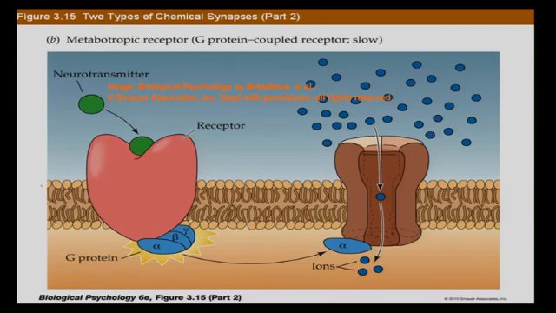So it has to go through these multiple steps. And yes, you still may get ions coming in, but it's a much slower process, okay? Interestingly, you can mess with this process in different ways by activating the G proteins or by slowing down the G proteins, and you can imagine different ways you can slow down or even speed up the effect of these metabotropic receptors.